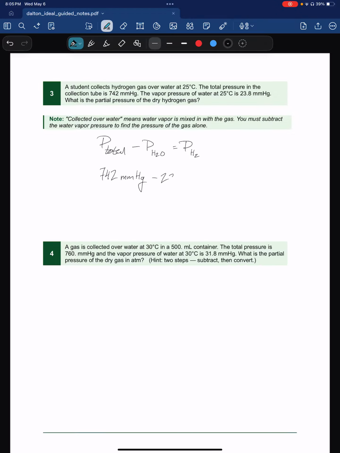We have 23.8 millimeters of mercury for our water, and that should give us the pressure of our dry hydrogen gas. So we go over to our calculator. And we get, oh, I got a syntax error. All right, 718.2 millimeters of mercury. I did something wrong. Can anyone identify what it is?